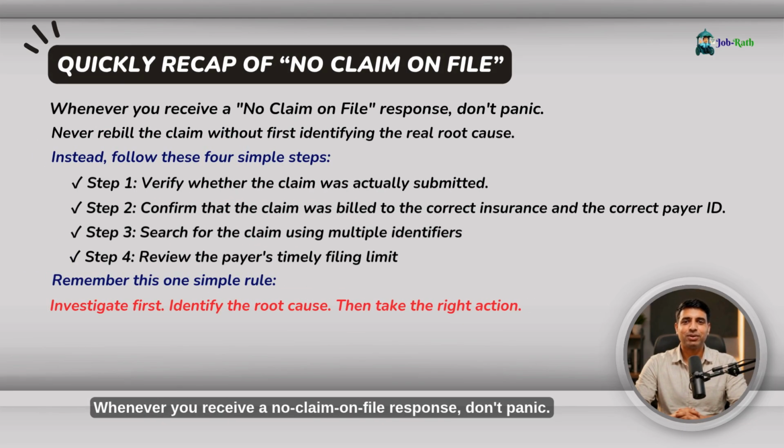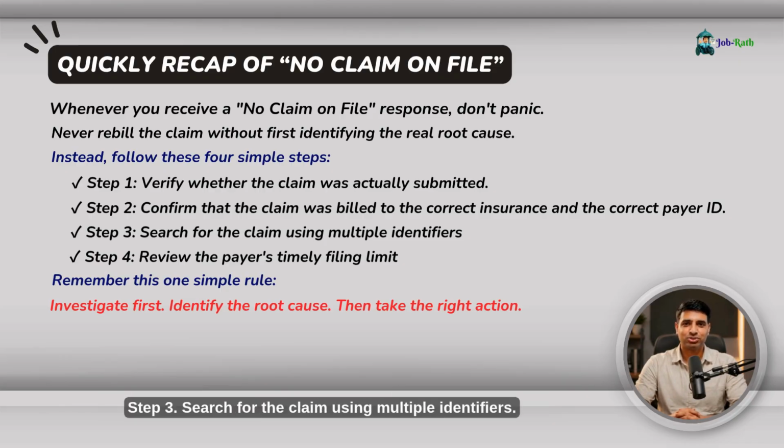Whenever you receive a no claim on file response, don't panic. Don't assume the payer lost the claim. And never rebill the claim without first identifying the real root cause. Instead, follow these 4 simple steps. Step 1. Verify whether the claim was actually submitted. Step 2. Confirm that the claim was billed to the correct insurance and the correct payer ID. Step 3.